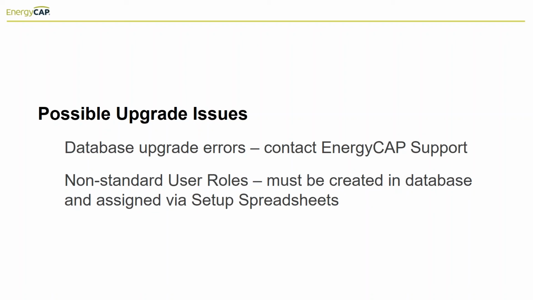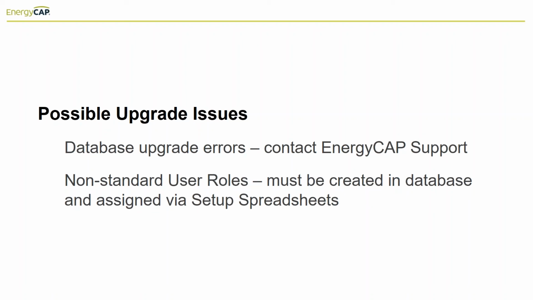Essentially, we've locked down the system to prevent access beyond the access that they would have had in EnergyCAP version 3. Those non-standard roles right now must be created in the database and then assigned with setup spreadsheets.